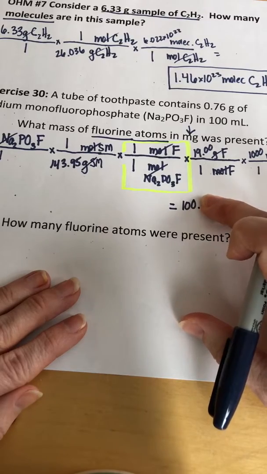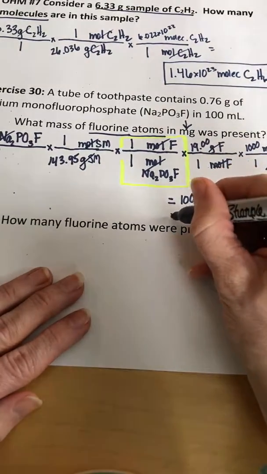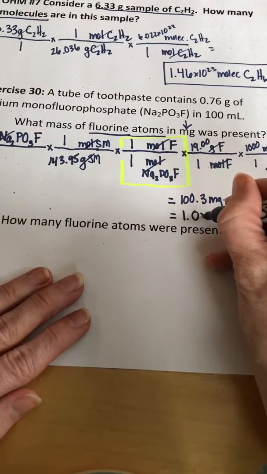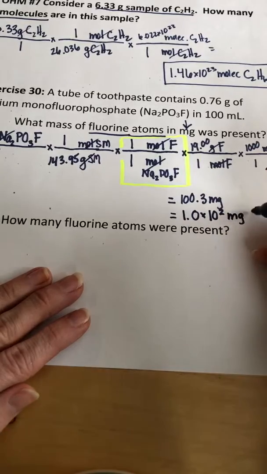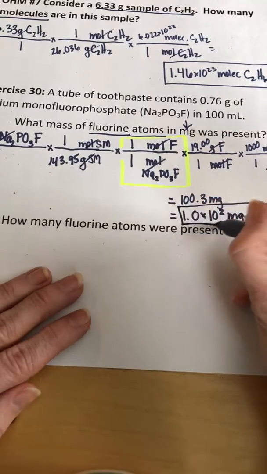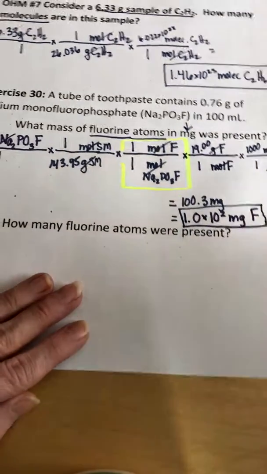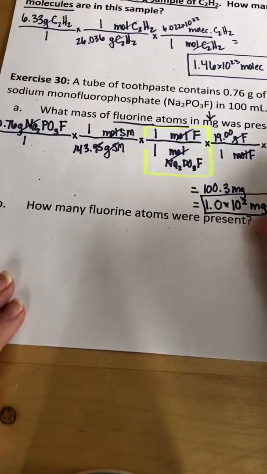If you put 100 with a decimal point, that would have 3. This doesn't happen super often, but whenever it does, I normally recommend to just put it into scientific notation, and then that's an easy way to get those 2 sig figs that we need, times 10 to the second. So in that amount of toothpaste, you would have about 100 milligrams of the fluorine.